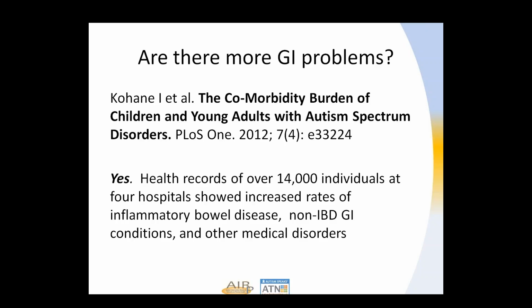They examined health records of over 14,000 individuals at 4 Boston hospitals, and they found increased rates of inflammatory bowel disease, non-inflammatory bowel disease GI conditions, and also other medical disorders. This is one of the newer and more carefully designed studies and seems to indicate that there truly are more GI problems. And we'll come back to this a little later on in today's presentation. Next slide, please.